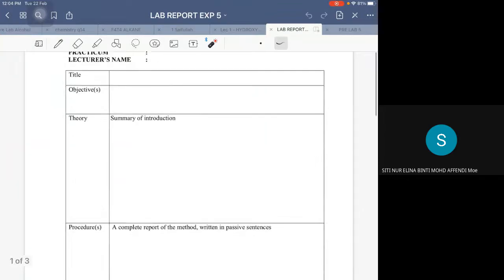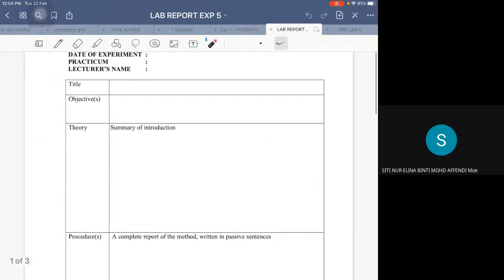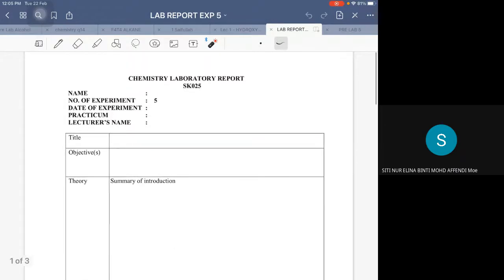Okay, cuba praktis buat sendiri so that you bagi kat saya nanti saya akan betulkan, saya akan semak untuk eksperimen ni. Okay, now decide bila nak hantar. Should be 1 week from now. Hari Rabu depan. Hari Selasa depan. Ya, so that weekend you boleh buat.